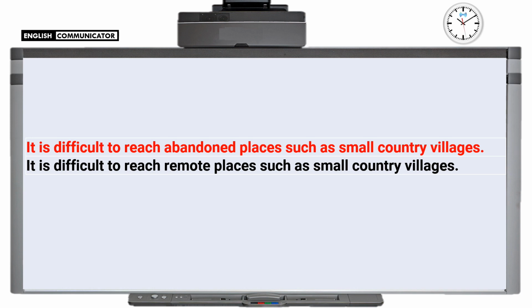Abandoned places is wrong; remote places is right. A remote place is a far place. It's far away, a distant place. Abandoned is a place where anybody can't go or is not allowed to go. So it's difficult to reach remote places, meaning faraway places, not abandoned places.